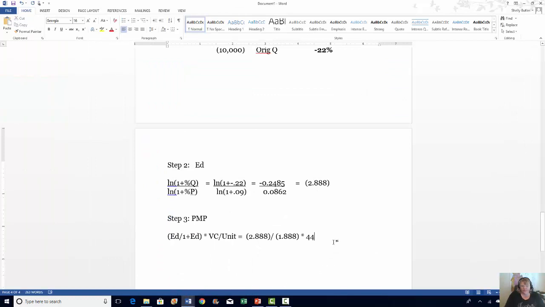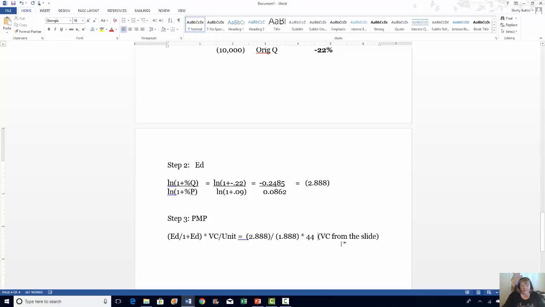And I will put over here 44. I'm going to run out of room. We'll just put variable costs from the slide. And I can move that over a little bit. I knew I was going to run out of room.